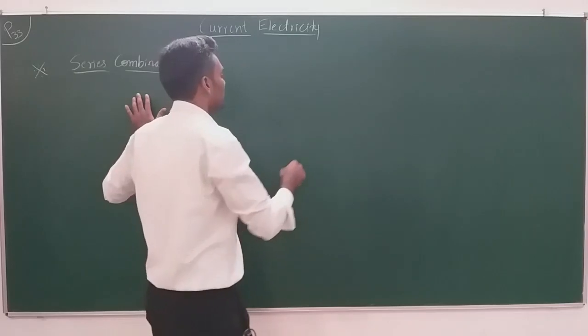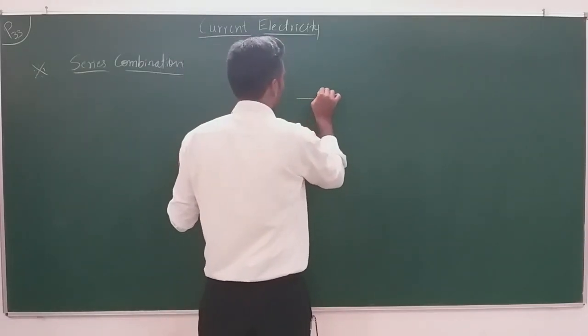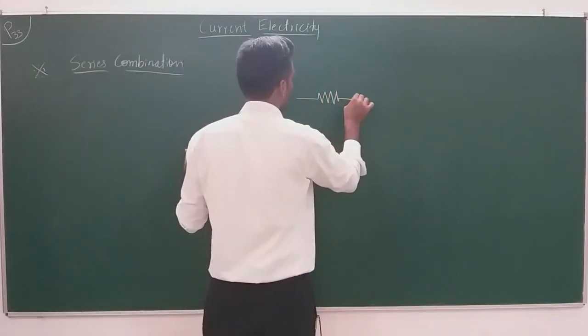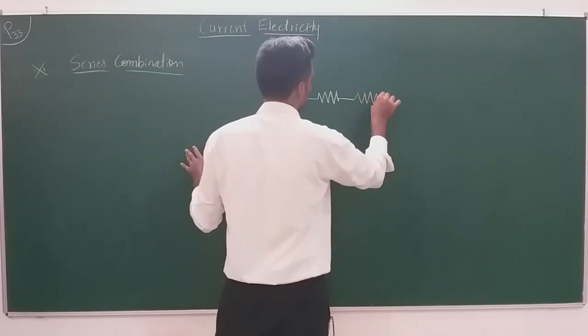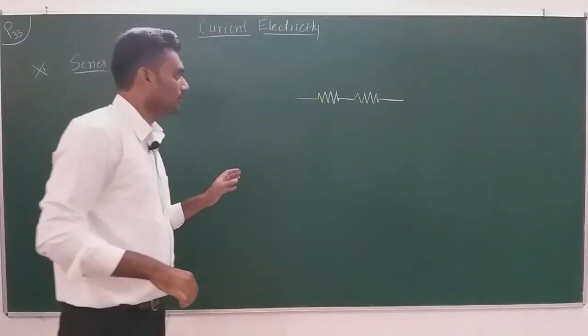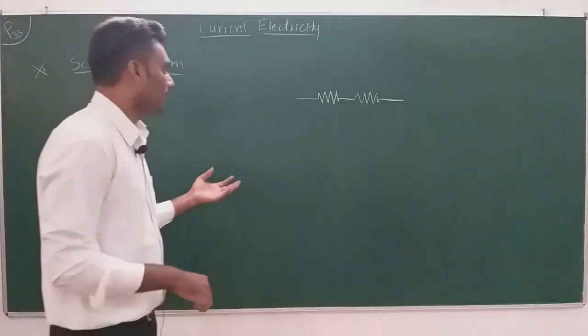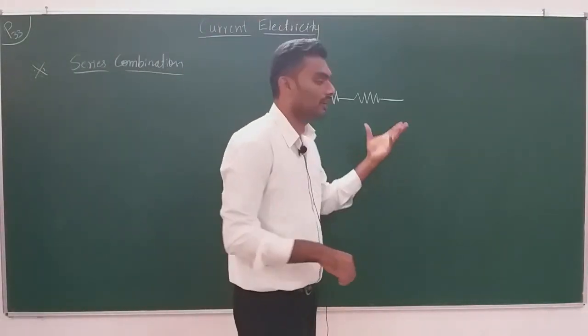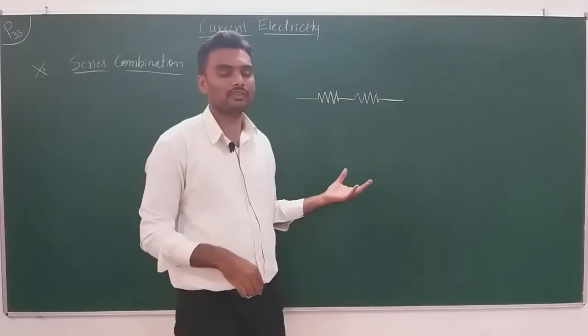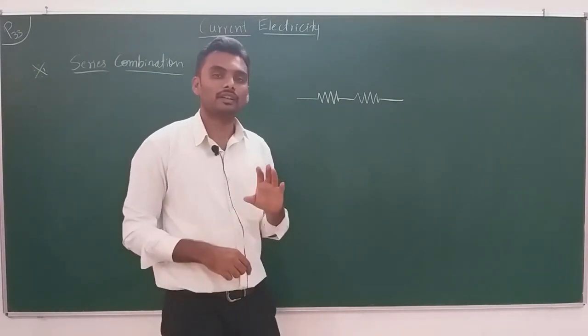So, we will have resistors connected in series. Okay. Now, for simplicity, I can take 2 resistors here. Even you can extend the same derivation for 3 resistors, but that is not necessary.